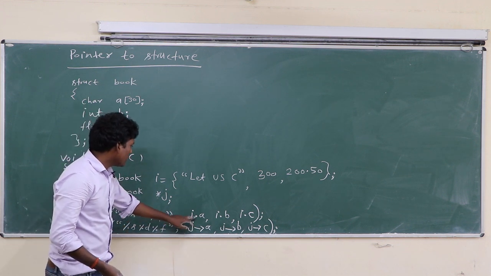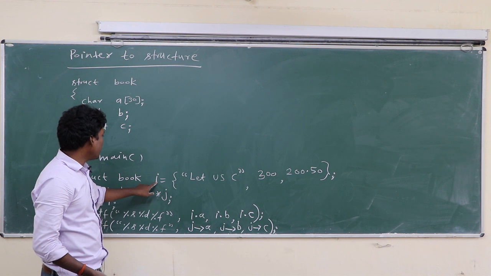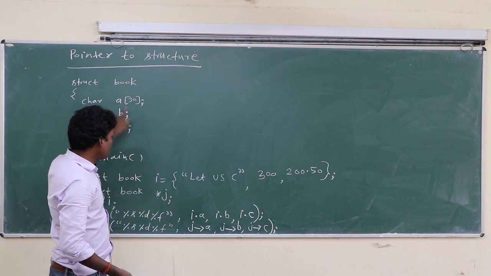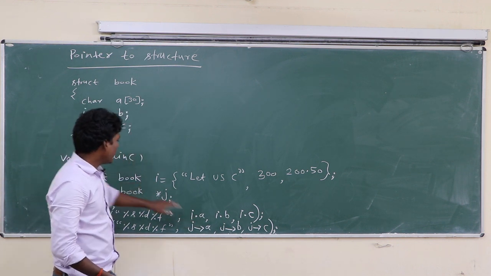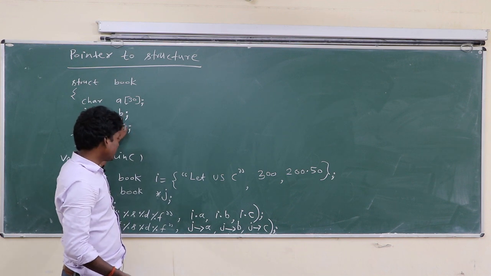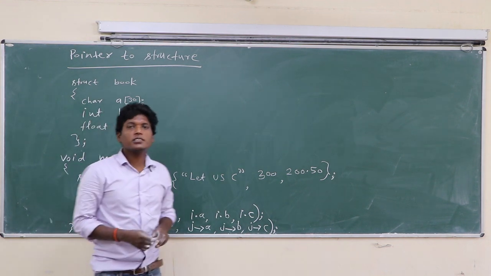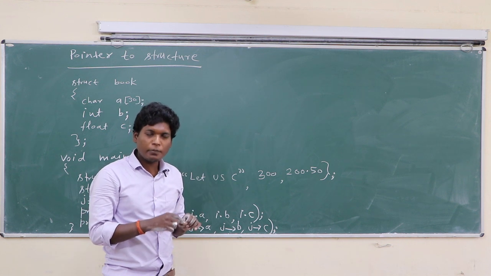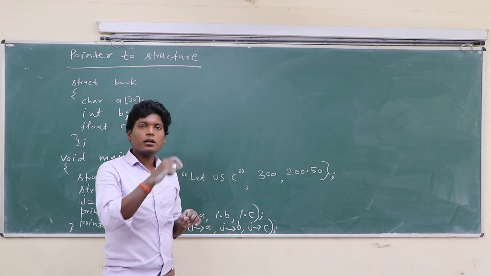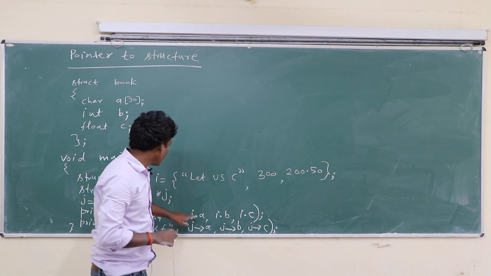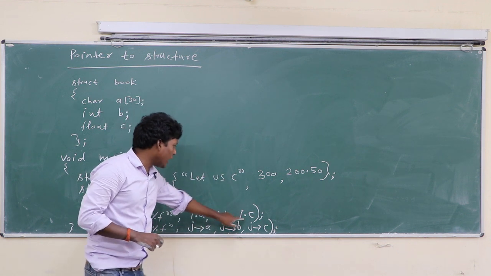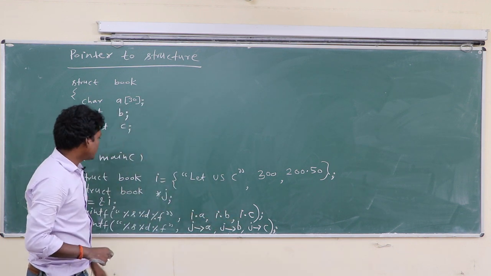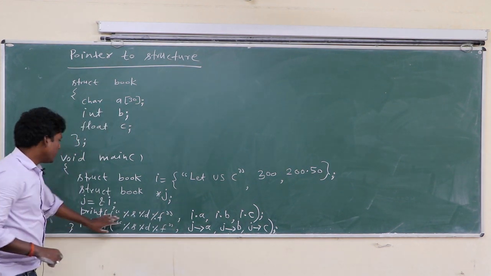So here i dot a, i is a variable, this will be accessed here. Here i dot b, this will be accessed here, because structure elements are accessed by structure variable dot structure element. So i dot a, i dot b, i dot c will be accessed and printed here.